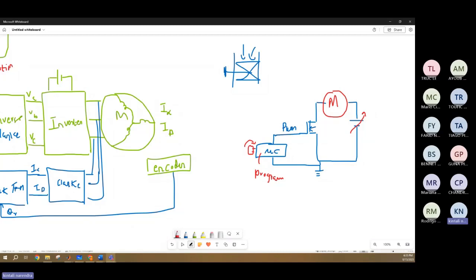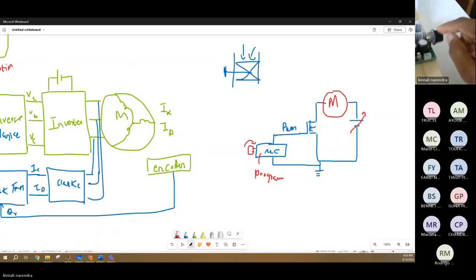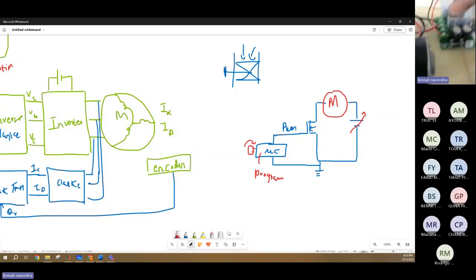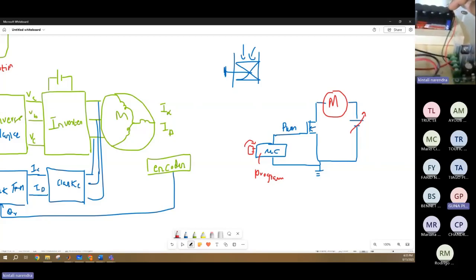So here is the same experiment I'm showing. Here, instead of a microcontroller, I'm using an inbuilt board. I didn't program it, but the knob here controls the PWM signal. Depending upon the PWM signal, the amount of current coming out of my battery will change.